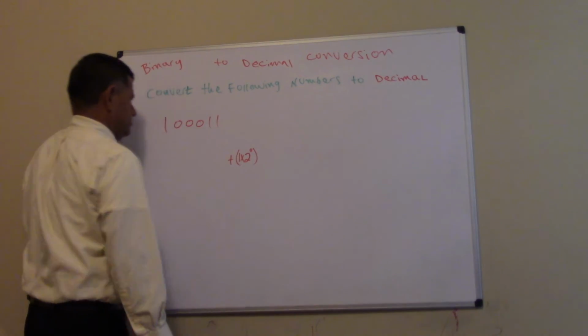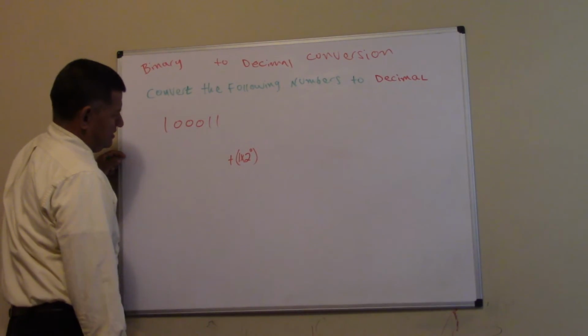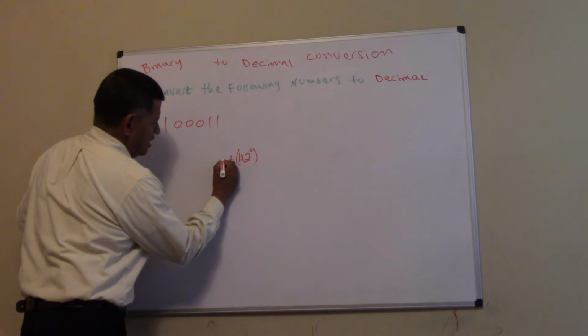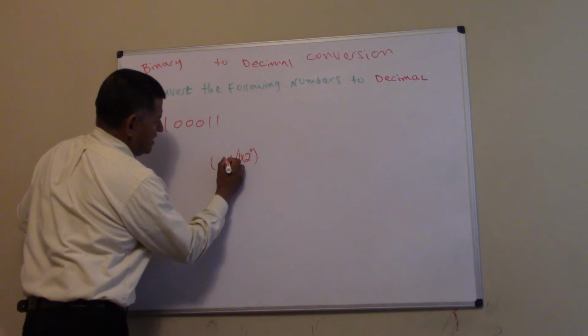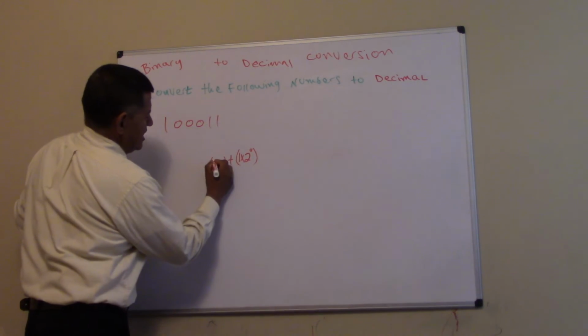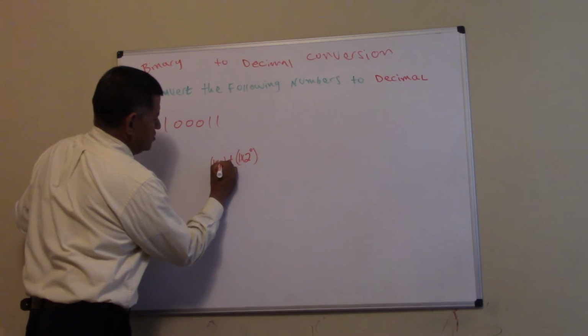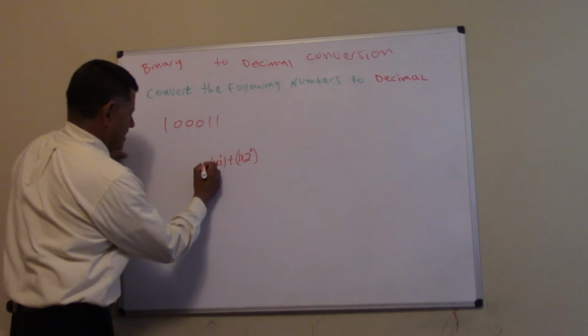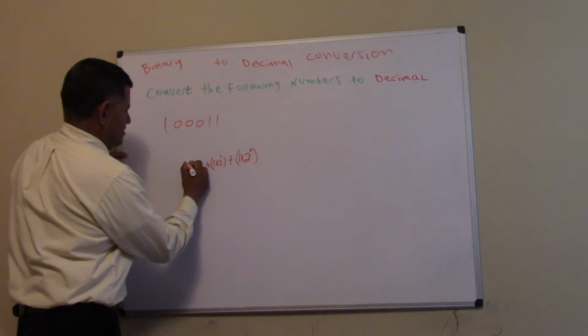Then another set of parentheses, 2 times 2 to the 1 power, and then plus again.